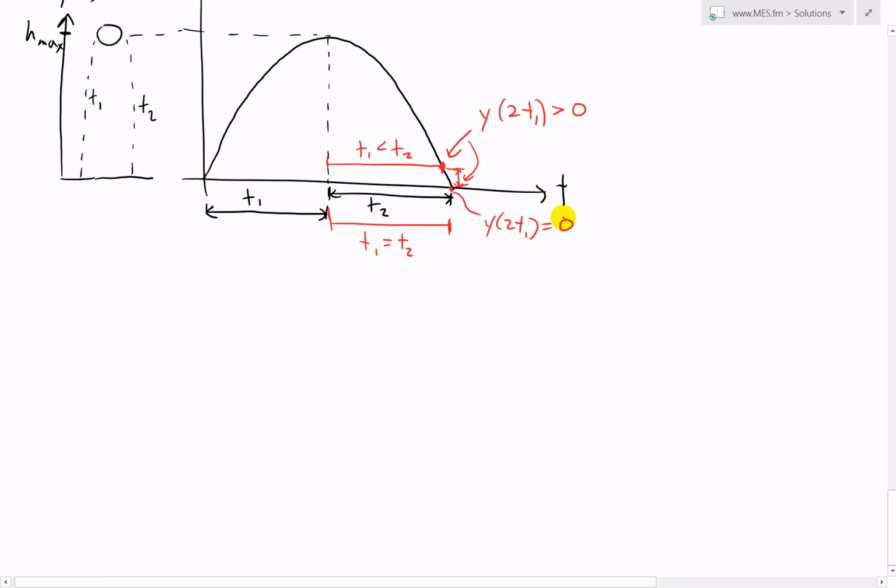And then the final case. I'll just move this over; I guess we're going to have to draw it out.